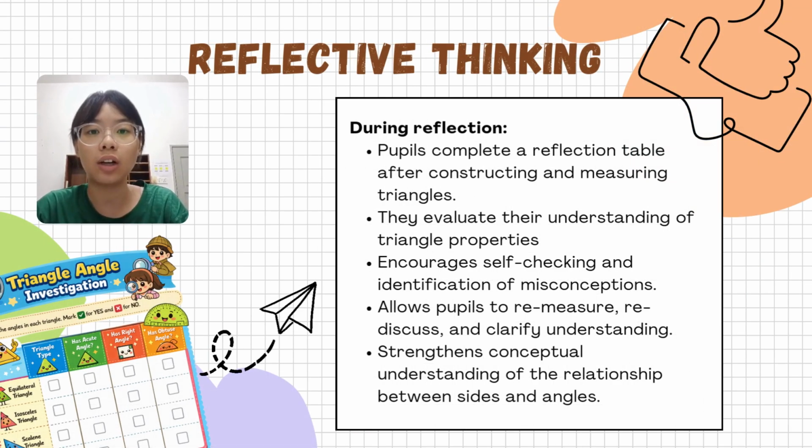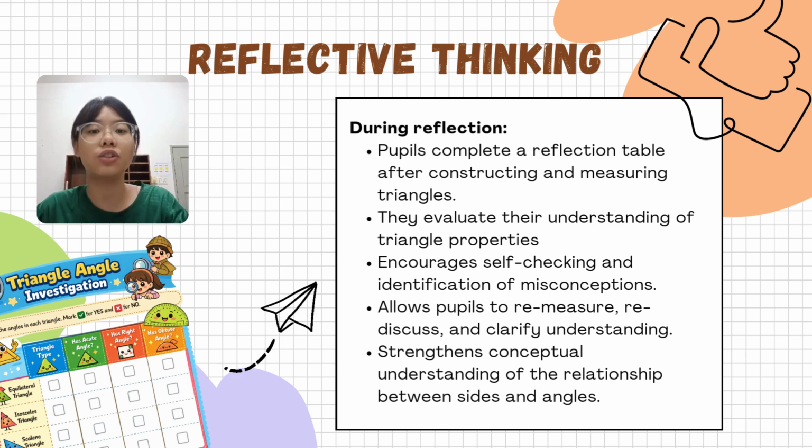Finally, let's talk about reflective thinking in my stick triangle investigation activity. After constructing and measuring their triangles, students are given a reflection table to evaluate their understanding of the properties of each triangle. This helps students ask themselves, do I really understand the properties of this triangle?